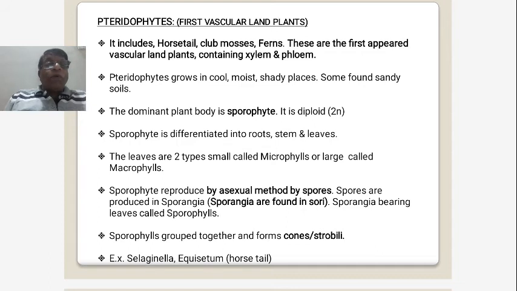Sori, plural. So these sporangia inside contain the spores. The sporangia bearing leaves are called sporophylls.